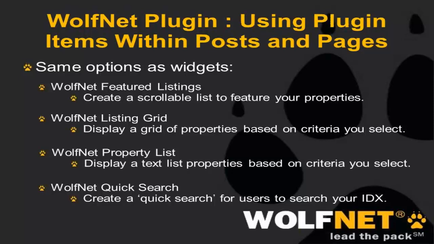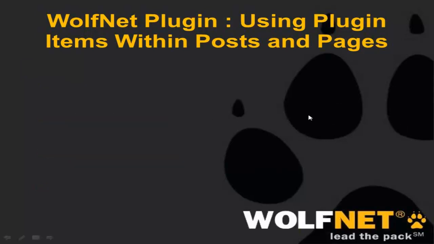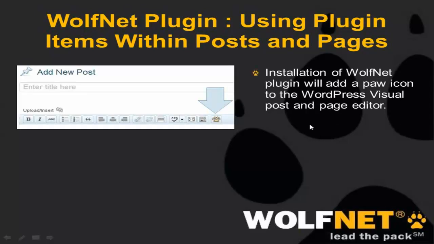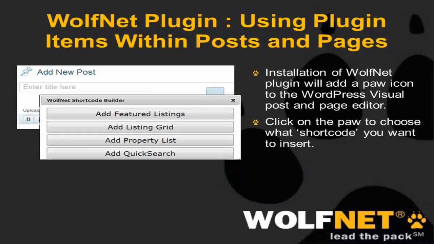When you click on it, it will pop up a window and give you options of what you can insert. Once you click on one of these buttons, it'll come up with another window that will allow you to customize the criteria. Once you're all done and save that, it's going to insert a shortcode into a post that will basically tell the plugin what to display.